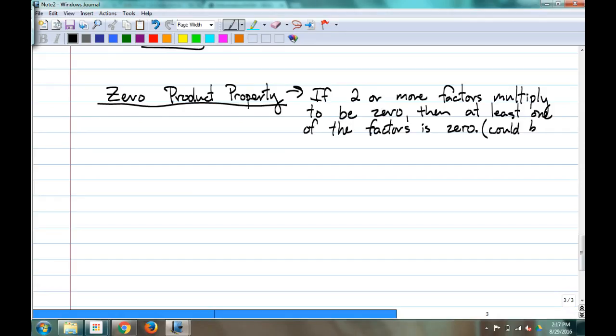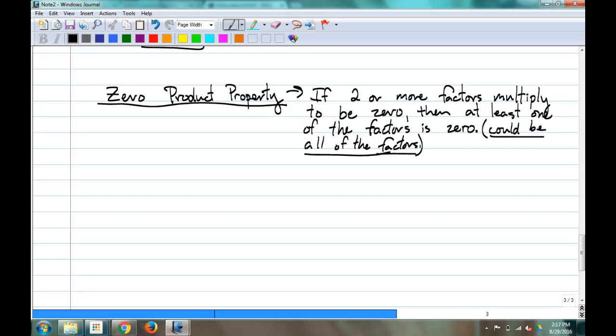It could be all. That last thing is my addition to that. Could be all of them that are 0, because 0 times 0 times 0 is 0 still, right?